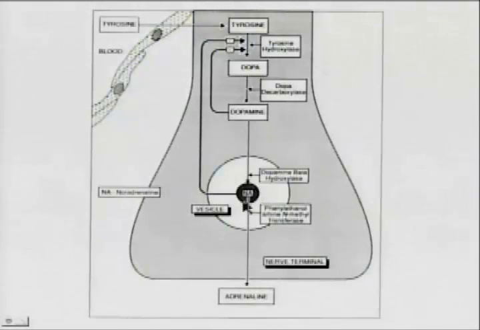And the norepinephrine is then produced by dopamine beta hydroxylase acting on the dopamine in the vesicle. The noradrenaline is stored within the vesicle.